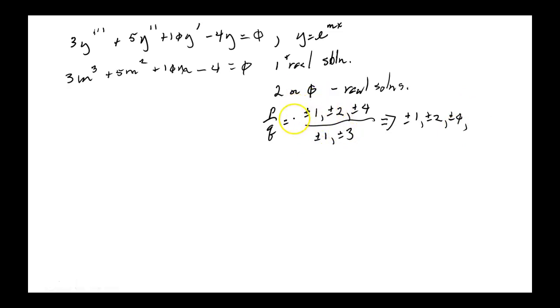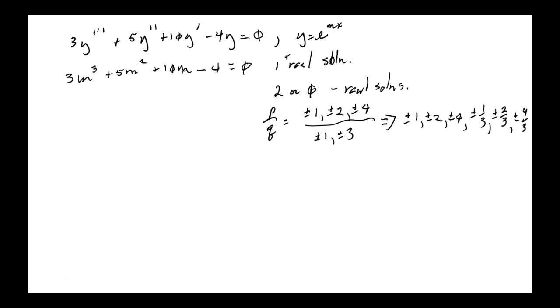The first 3 were when you put the numerator over plus or minus 1. The next 3 are when you put it over plus or minus 3. So it would be plus or minus 1/3, plus or minus 2/3, and plus or minus 4/3. Those are all your possible rational zeros of this function. Now you know you can't have more than 3, so a lot of these you're not going to use.